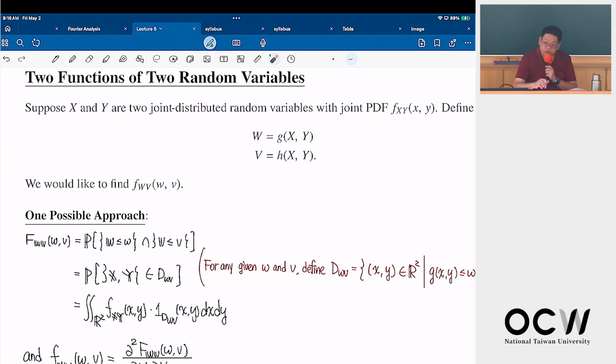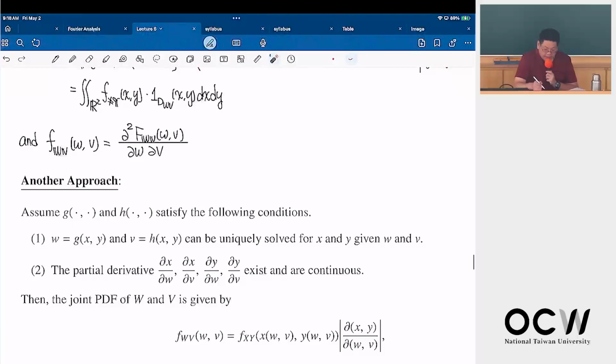And here we can also use another way to find the PDF. Now we assume my function g and my function h satisfy two conditions. First, w and v can be uniquely solved from x and y.